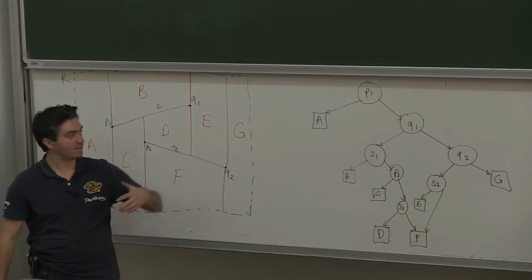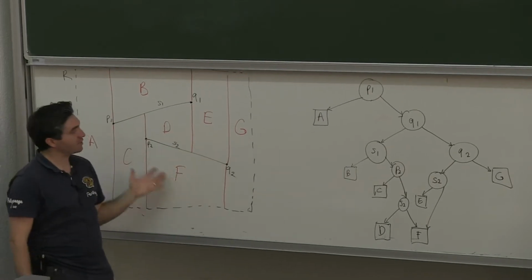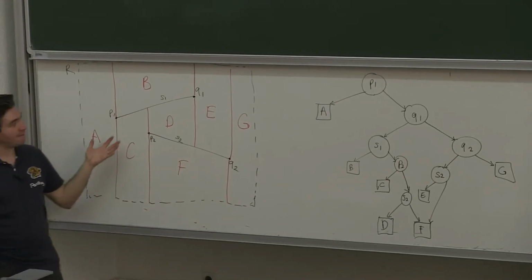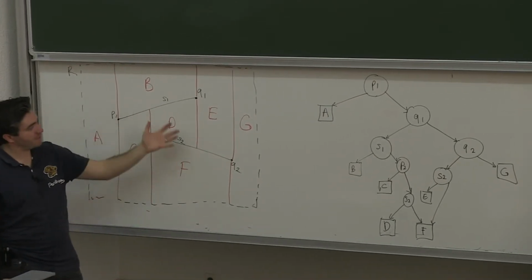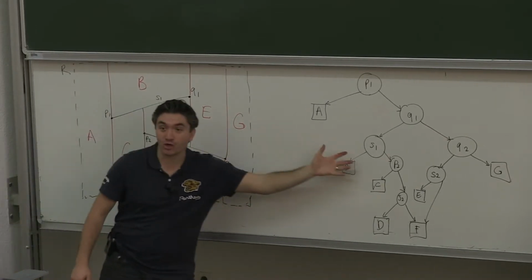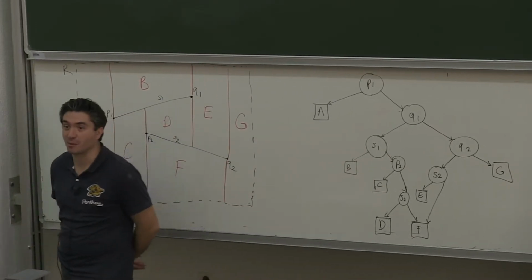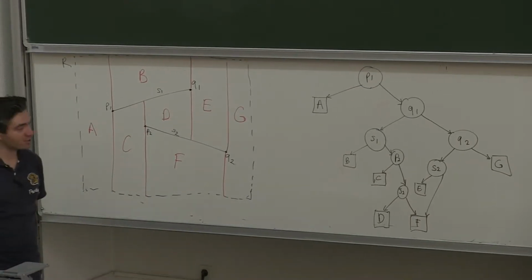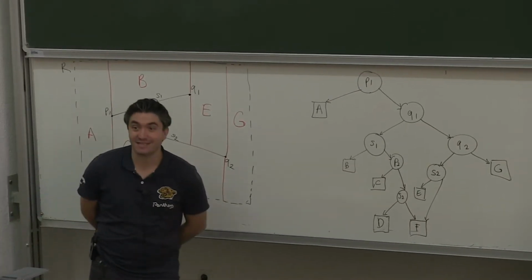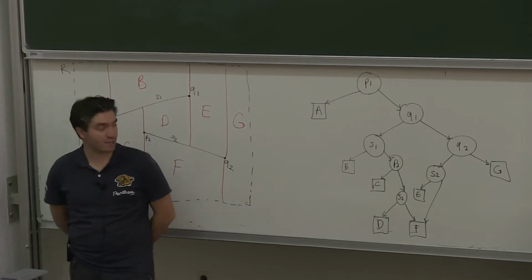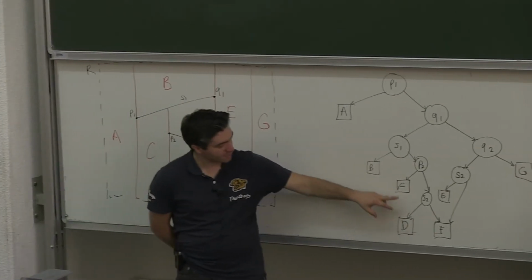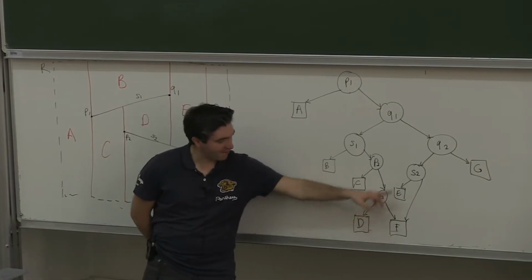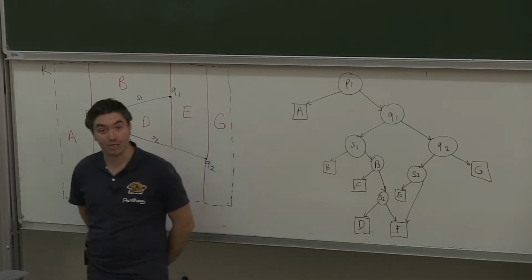So this is our trapezoidal map. When we are building this trapezoidal map, what we are building is actually this search structure, which is going to support point queries. The search structure is a directed acyclic graph, not necessarily a tree, because we are going to see some nodes may have multiple paths that lead to them.